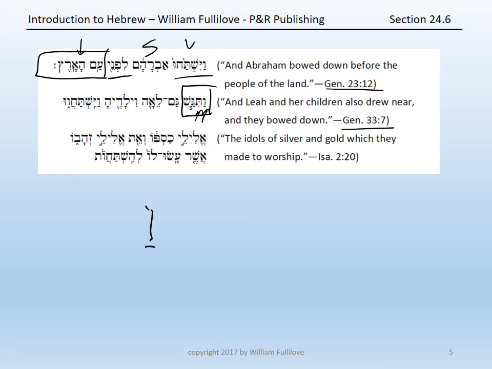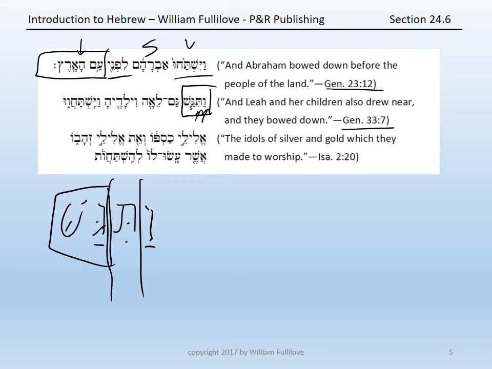We have va, ti, gash. Now the va is the prefix of the narrative. The ti is the prefix that comes from the imperfect forms or the jussive forms. So when identifying this root, we are only left with gimel and shin, two of the three root letters.